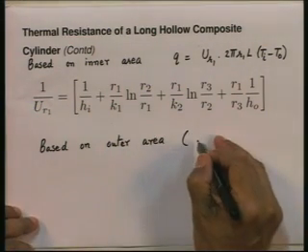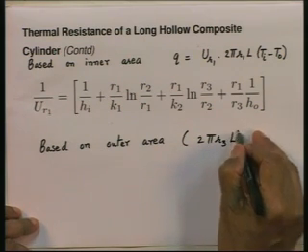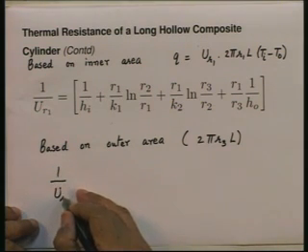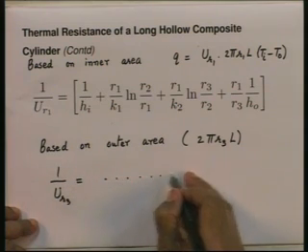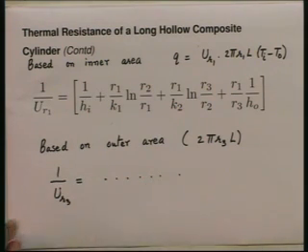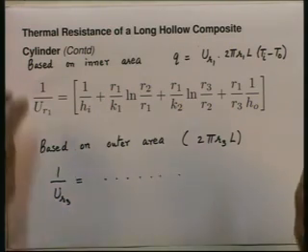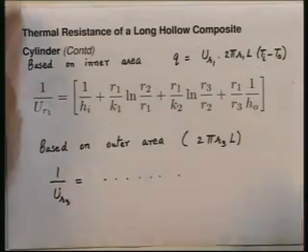What is the outer area? 2 pi R3 L. In that case, I will get an expression 1 upon U_R3 is equal to, and I want you to write this on your own. Write this expression 1 upon U_R3 on your own. Remember, if I use this value of U_R3, I must always multiply by 2 pi R3 L. If I use this value U_R1, I must always multiply by 2 pi R1 L in order to get Q. All right.